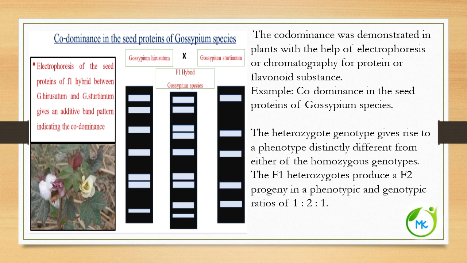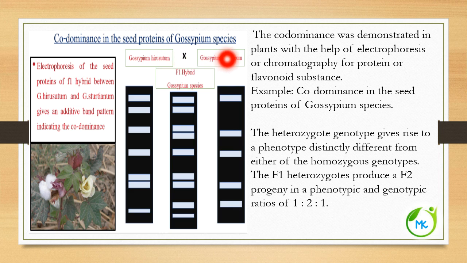Next, codominance in the seed proteins of Gossypium species. So Gossypium is nothing but cotton plant. So the codominance was demonstrated in these plants with the help of electrophoresis or chromatography. So this is the electrophoresis of the seed proteins of F1 hybrid. So they have taken two different species of Gossypium.